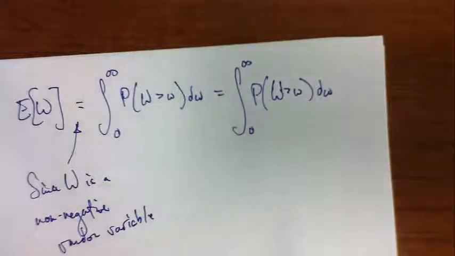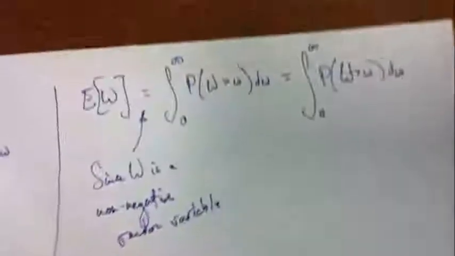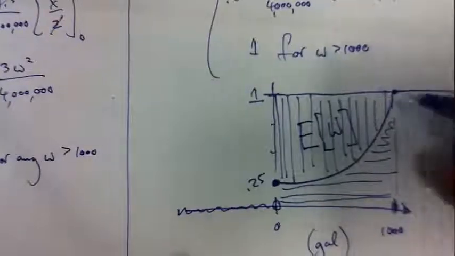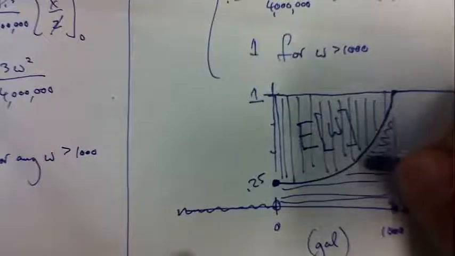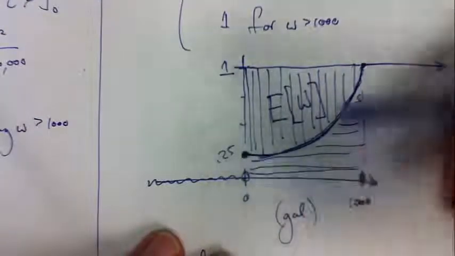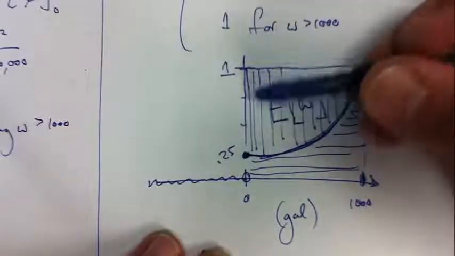Now let's take a look at our picture. Remember this picture? I've drawn on it a little bit, but this is our CDF, our new CDF function. What this says is that my expected value is actually just this area right in here.